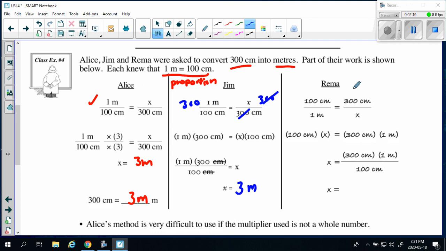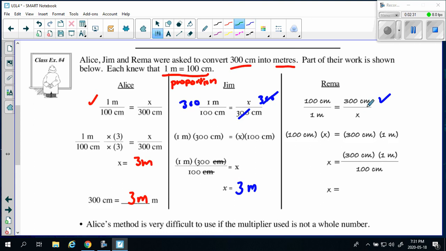Rima has set it up a little bit differently. They've decided to set it up with the centimeters in the top and the meters in the bottom. This is also perfectly okay, so long as both the tops are centimeters and both the bottoms are meters. The only issue is it's a little bit difficult to solve because x is in the bottom.